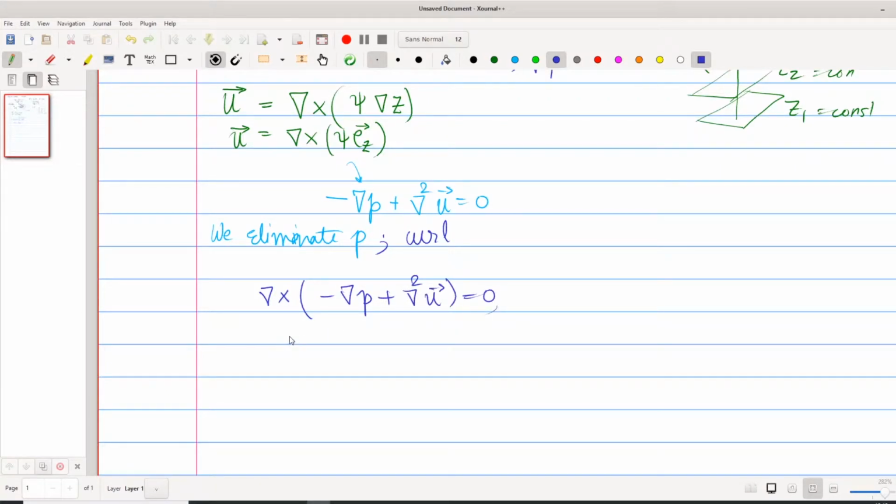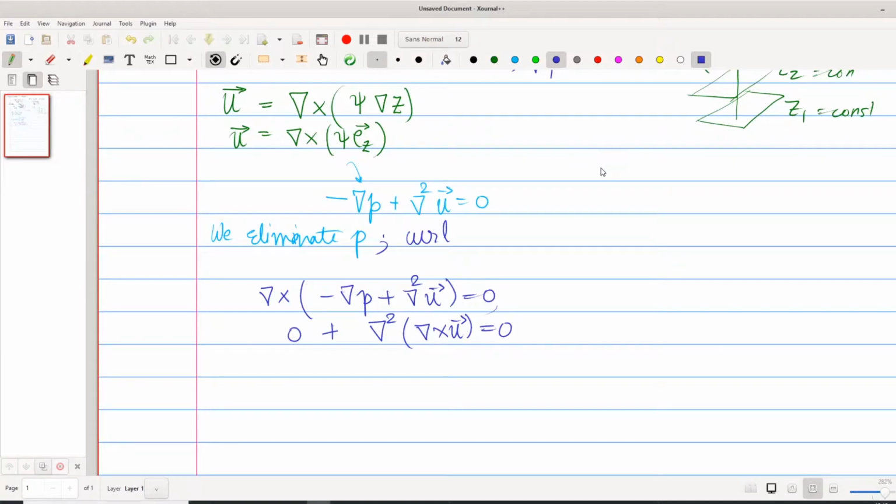Essentially, curl of grad p will be 0 because the curl of a gradient is 0, plus nabla square times curl of u equals 0. So what can we do with this term? We recall that u is curl of psi Ez. Before proceeding to that, let us see what the divergence of the velocity is.